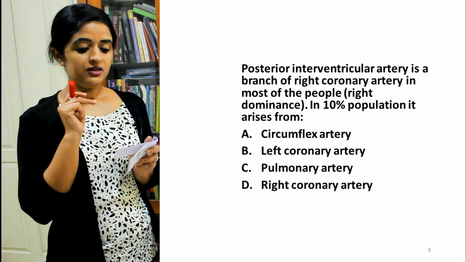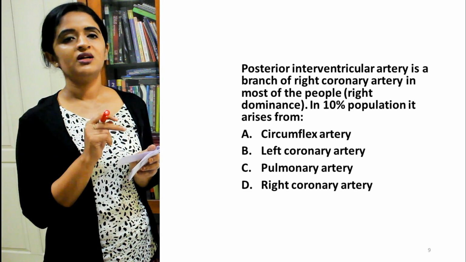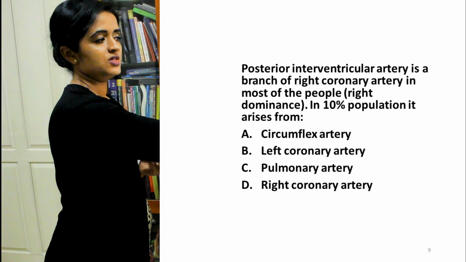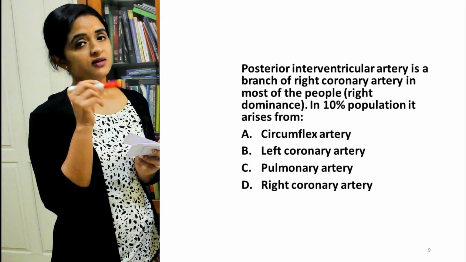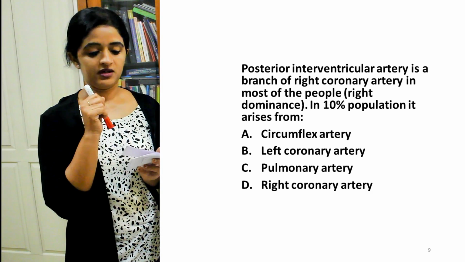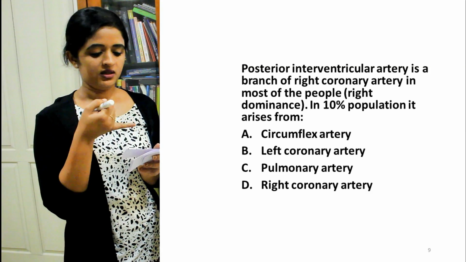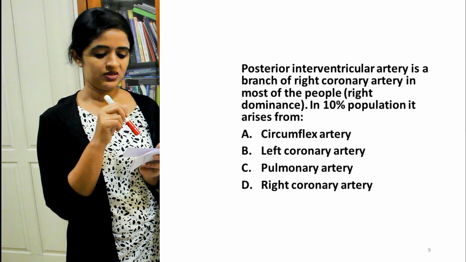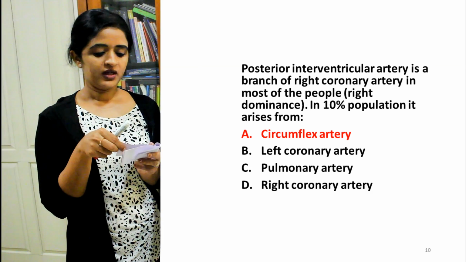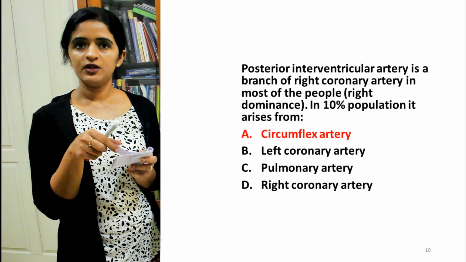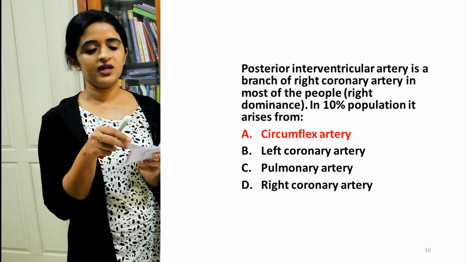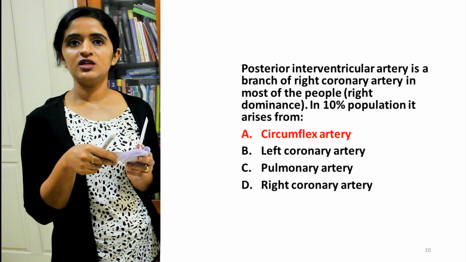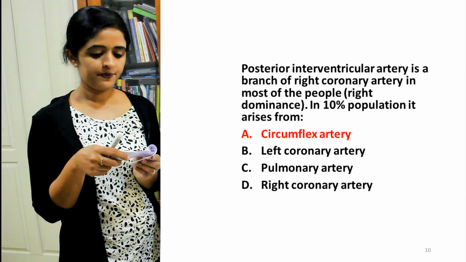So if you have the circumflex artery in the options, it is the circumflex artery which is giving rise to the posterior interventricular branch. So you have to go for the nearer option. So it is the circumflex artery. Okay, so we say left coronary artery, because circumflex artery is a branch of left coronary, but if you have the circumflex artery in the option, you have to go for that.